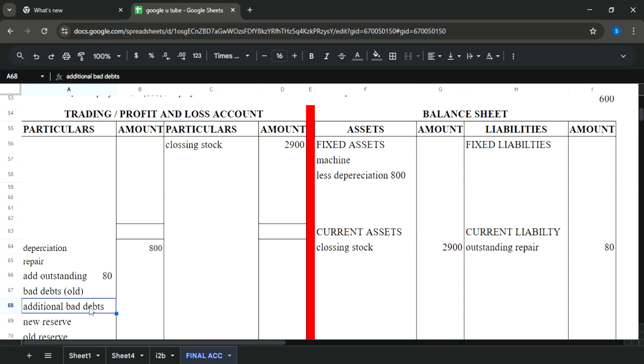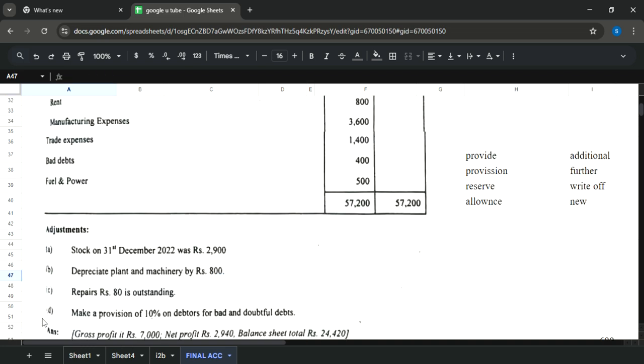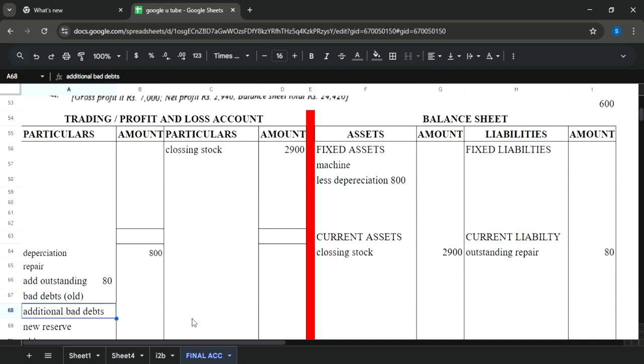There are two elements, additional bad debts and new reserve. They would be present in the adjustment, but in this question only one element is present, provision for 10% on debtors. For that you will come to current assets. You will be looking for sundry debtors.